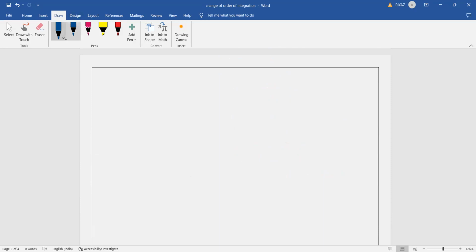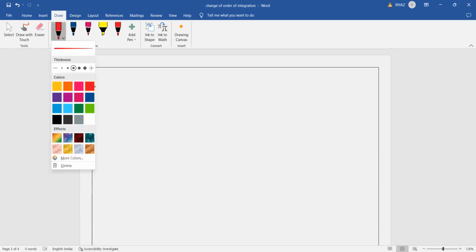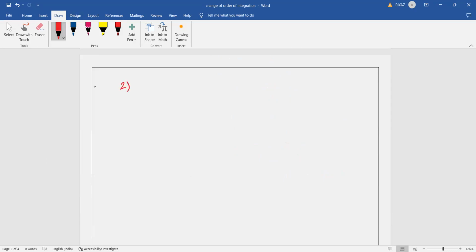So the question is: by changing the order of integration, evaluate this integral value.